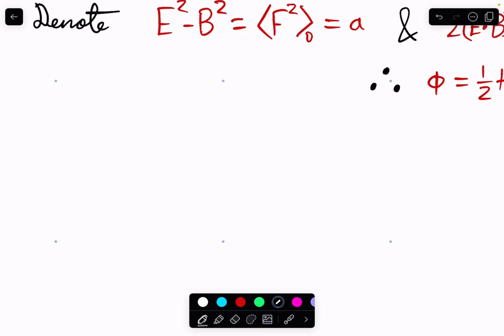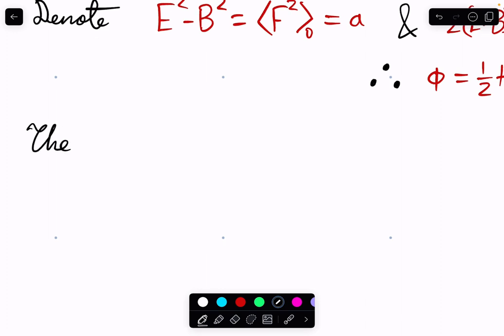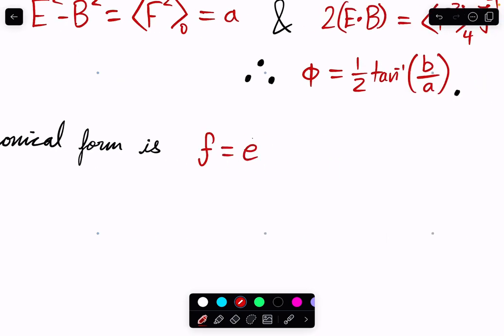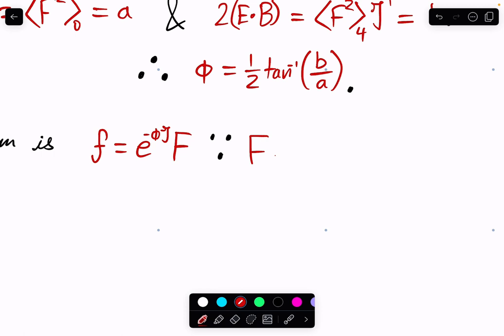The canonical bivector, or I'll just say the canonical form, is therefore F equal to e to the negative phi I times big F. And this is because of the fact that big F is equal to e to the phi I times little f.